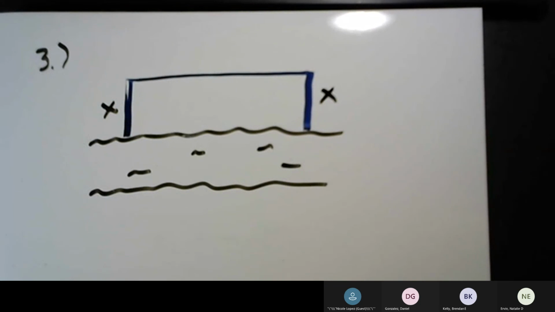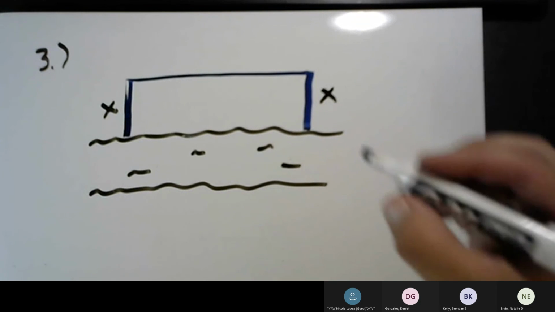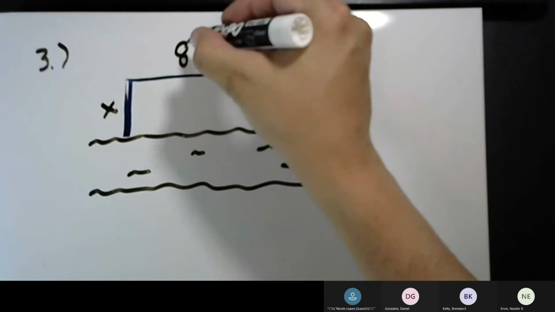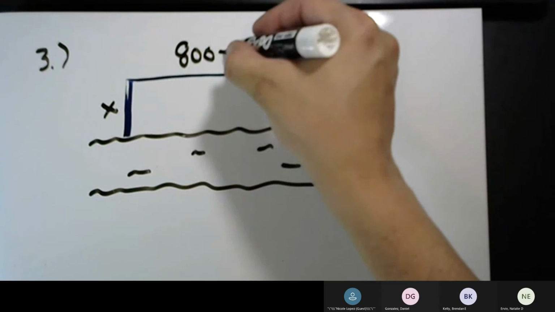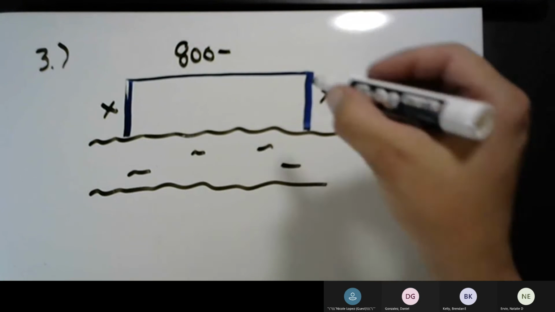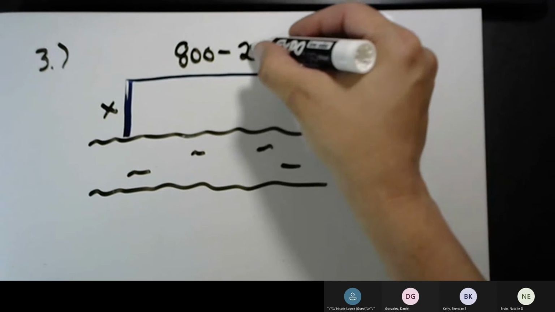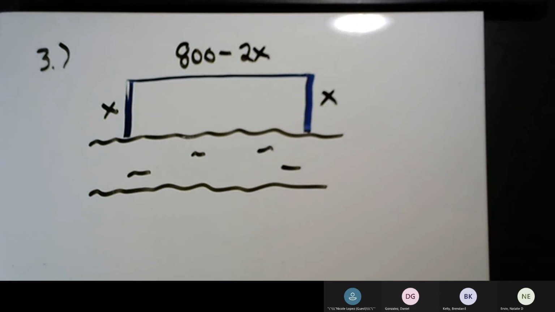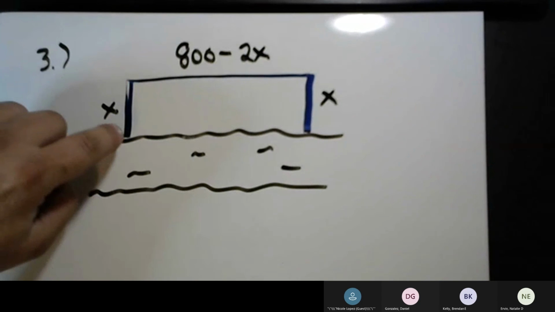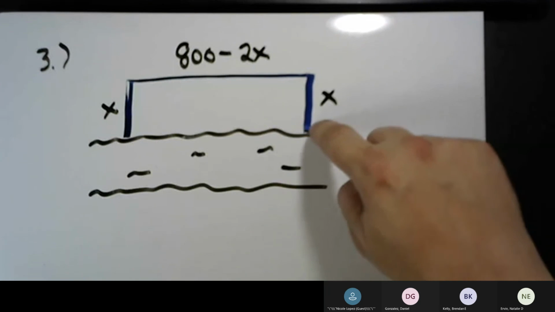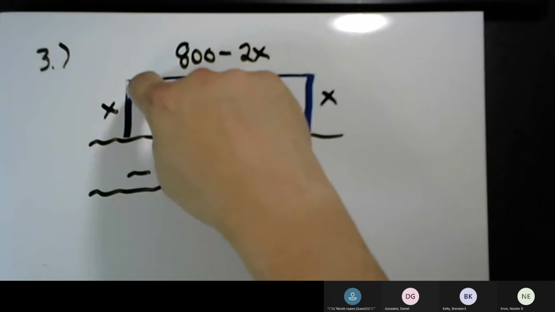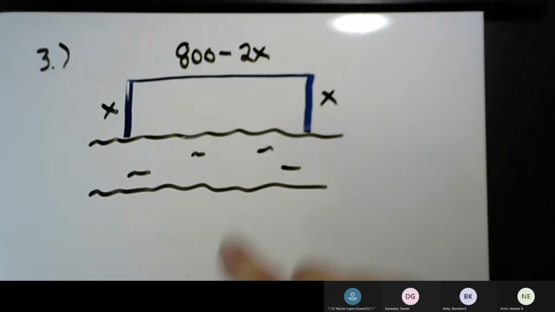So those are unknown. So if those are going to be our unknowns, then the remaining amount of fence will be the 800 meters minus 2x. So if this side is x and this side is x, this will be 800 minus 2x. Now, any questions about that?